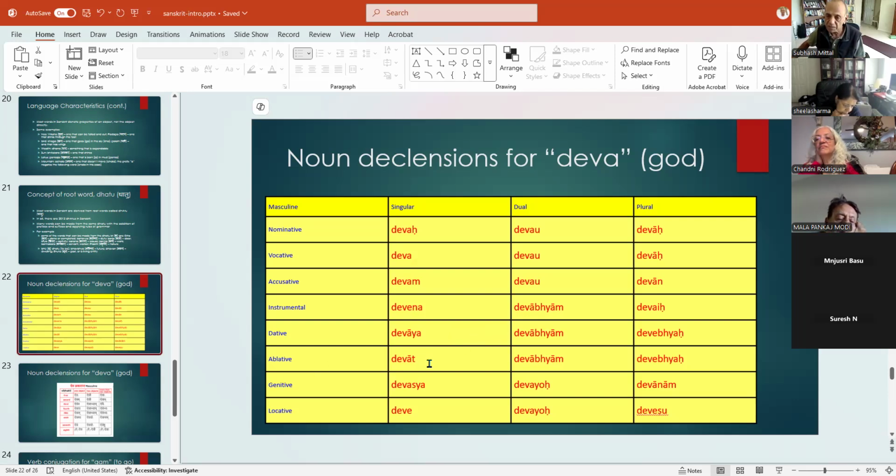Then this ablative is from. So Devat, Devabhyam, Devebhya. Once again, repeat after me. Devat, Devabhyam, Devebhyah. So from.